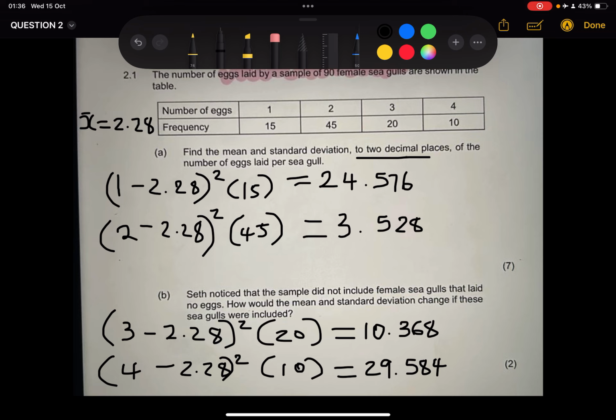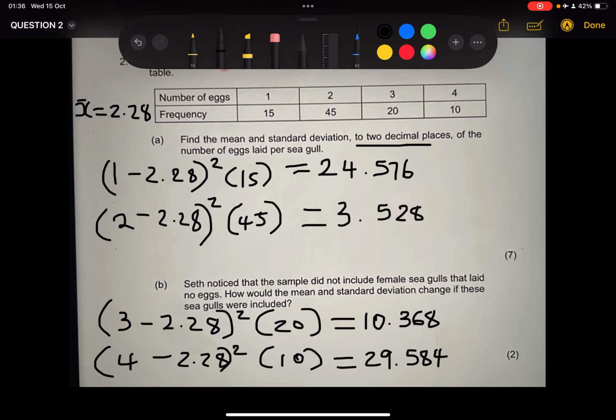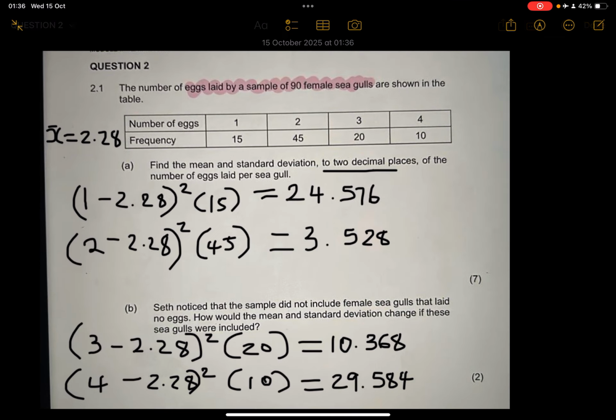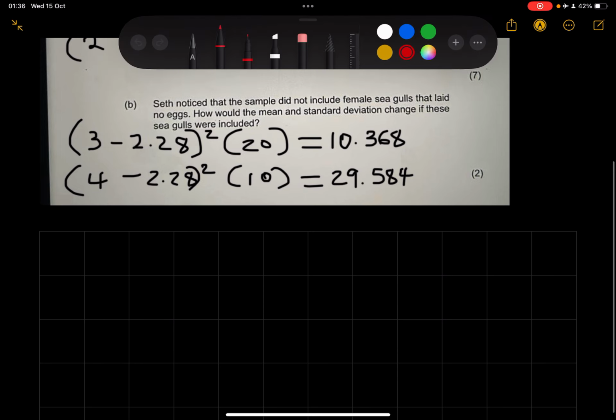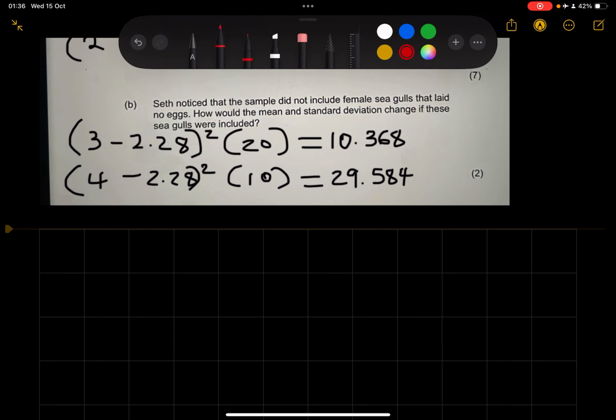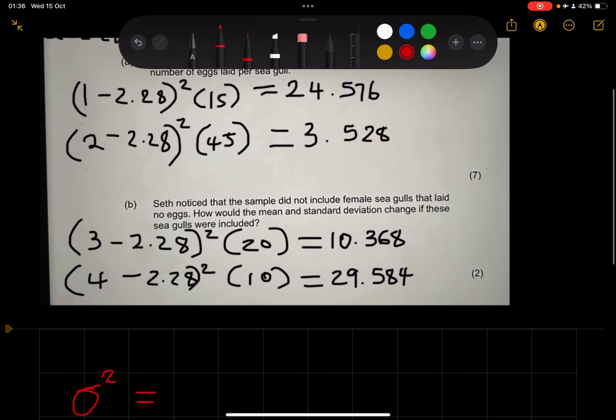Right. Now we need to add all these values up and divide by the total number of seagulls. And that will give us what we call the variance. And to get the standard deviation, we need to square root. So the variance would be the sum of those numbers added together.